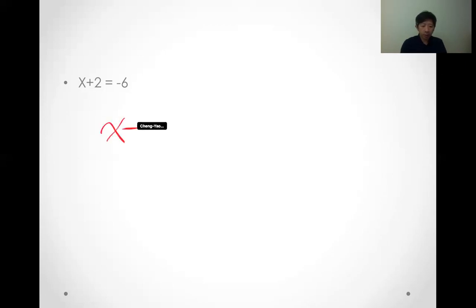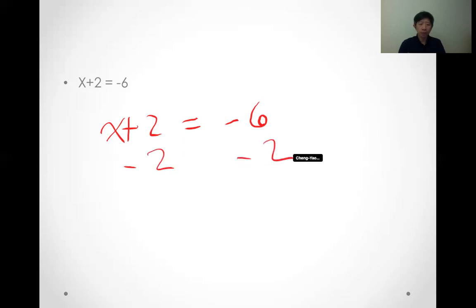X plus 2 equals negative 6, so I cancel 2, subtract 2 from both sides, and then I get 0 on the left.